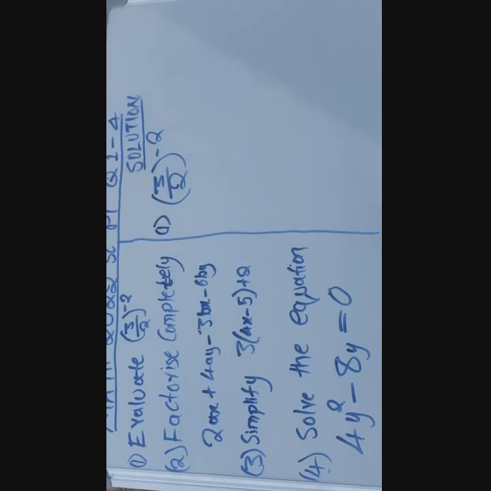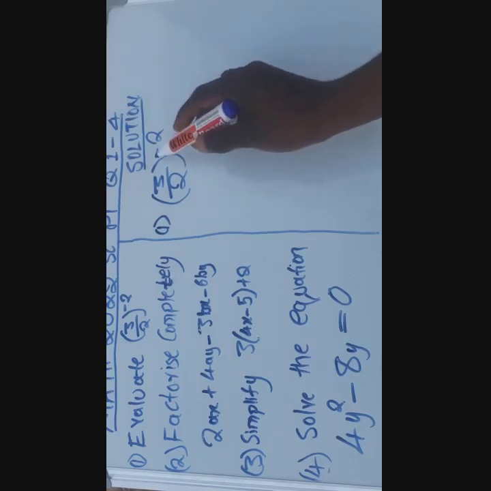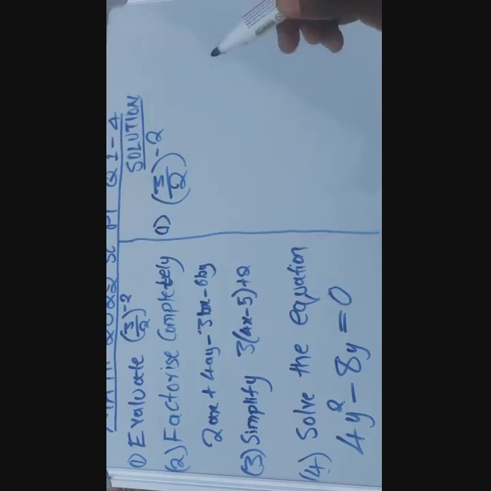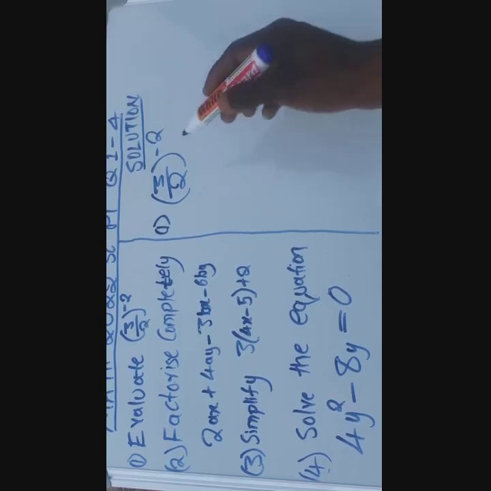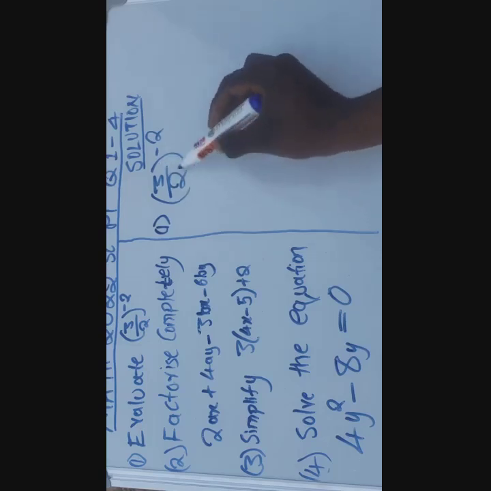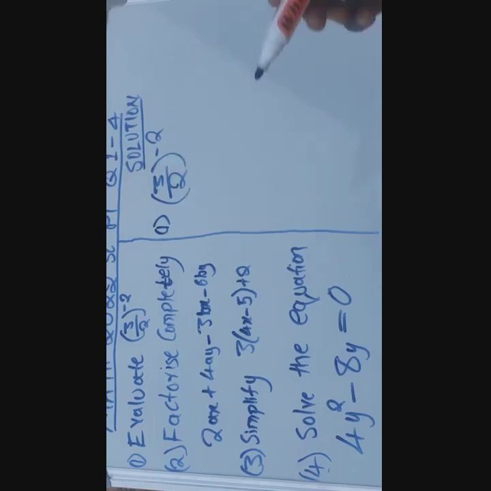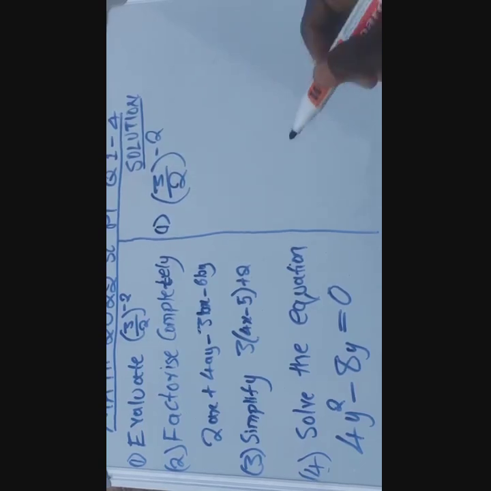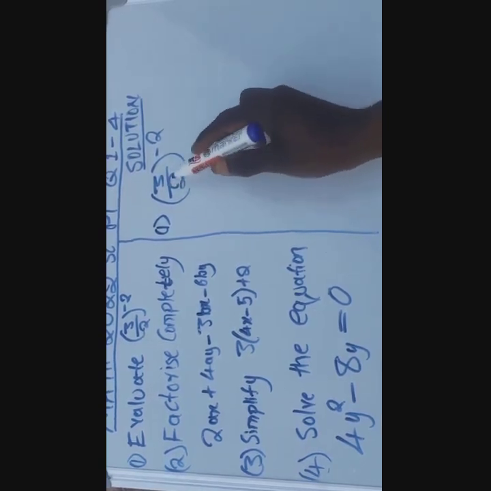You can't proceed whilst the power is negative, meaning you have to get rid of this negative. How can you get rid of it? The procedure is simple. You consider what you have been provided inside the brackets, which is 3 over 2.